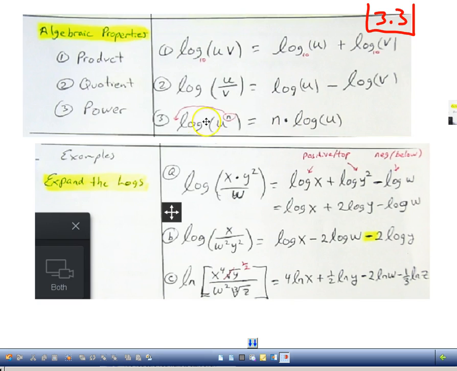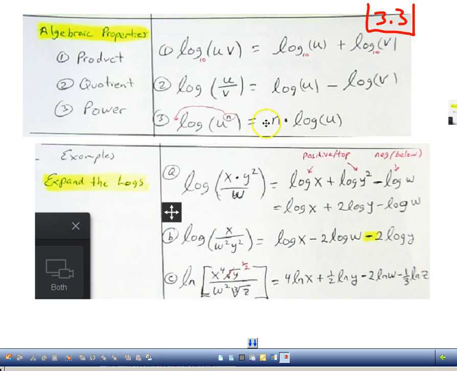The third property, which is called the power property, says that if you take log of an exponential, you can simplify that log in the following way. You can take the exponent and bring it over to the side of the log and get n times log of u without the exponent.